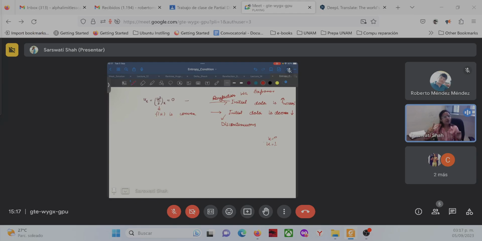Now which solution will be acceptable? So you are getting a multi-valued solution. That gives us a discontinuous solution, or you can say a solution which has a jump. So these two things. Now we can again solve the question just to see that, and then we proceed towards the entropy condition.